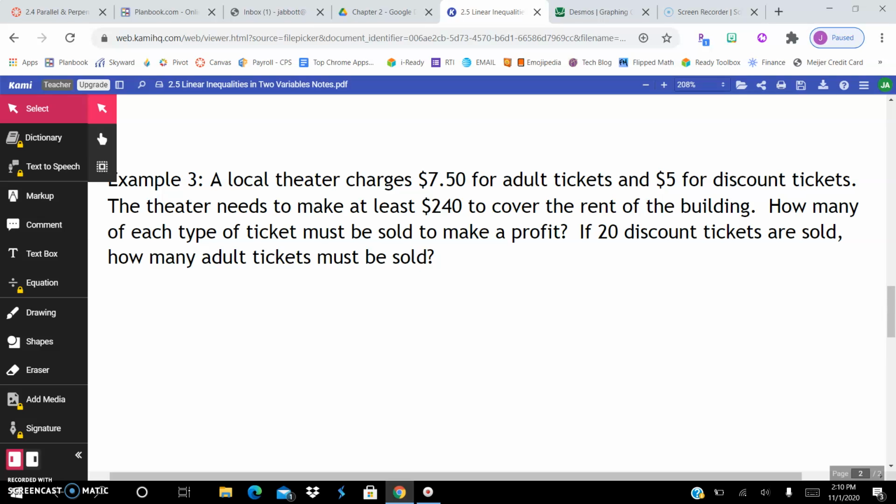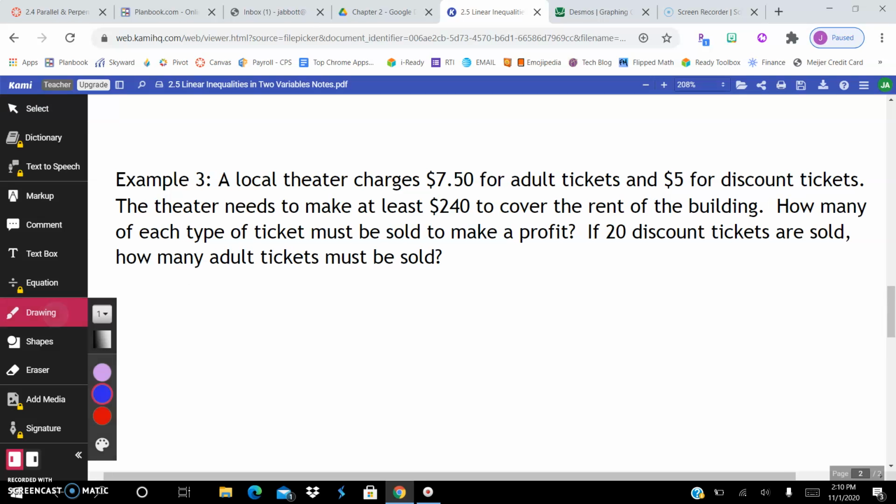So that last question is the second part. We have to answer our first question here. How many of each type of ticket must be sold to make a profit? Well, we are going to have $7.50 for adult tickets, so we can say 7.5 times x. And then we're going to sell tickets for $5. Those can be y, and you can put in whatever letter you want.